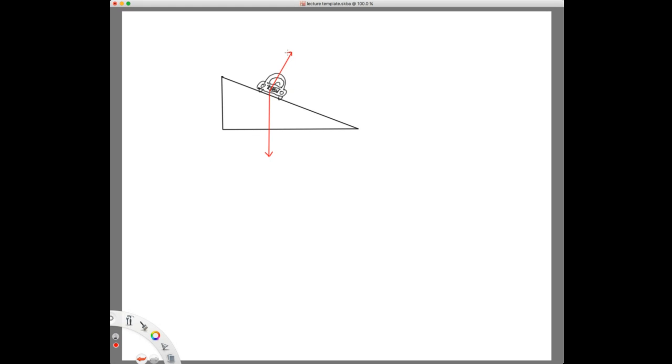I could see a lot of different answers for this. The friction might point forward because you need friction to speed up, or it might point backward because friction slows you down. It could point up the ramp to keep you from sliding down the ramp, or it could be pointing down the ramp to keep you from sliding off if you go too fast. And technically, all of those are possible depending on the scenario.